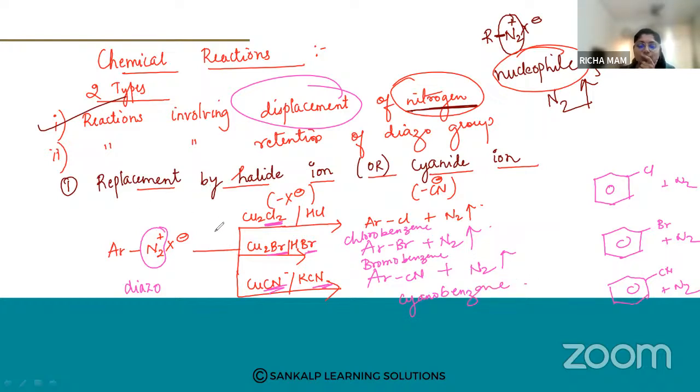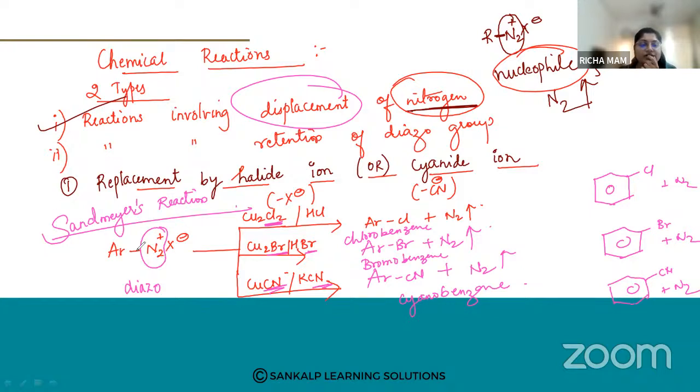Now this is a very important reaction. When the diazo group is replaced by chloride, bromide, or cyanide ion in the presence of Cu(I) ion, this reaction is called the Sandmeyer reaction. Mark this as important.